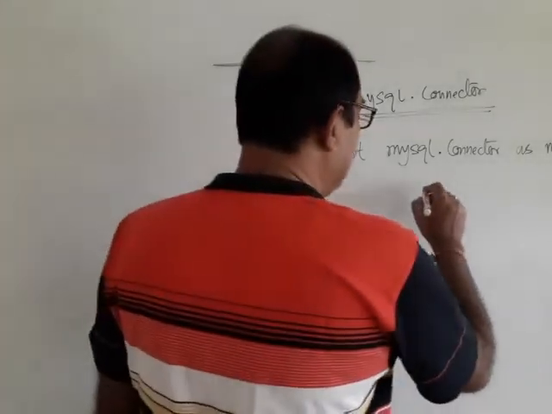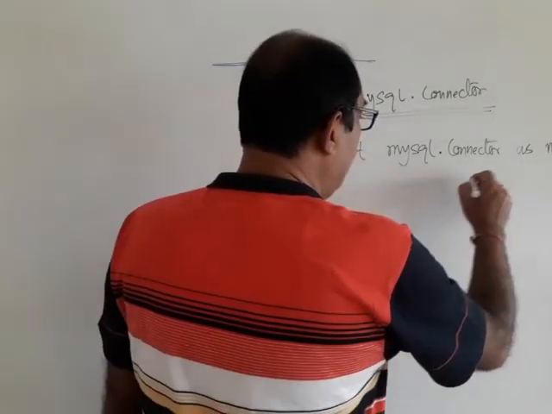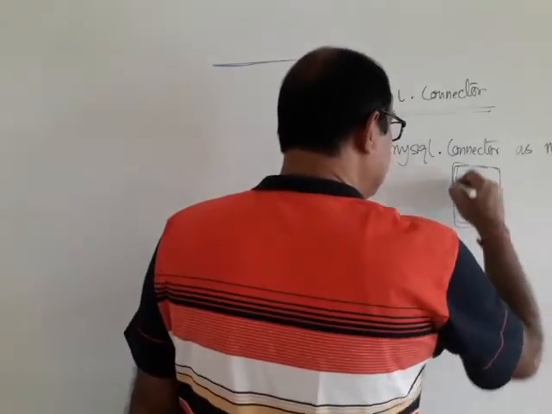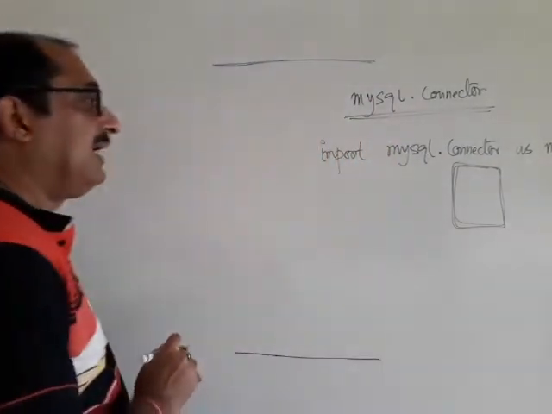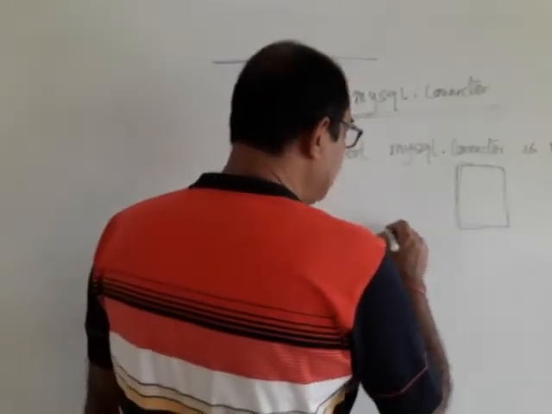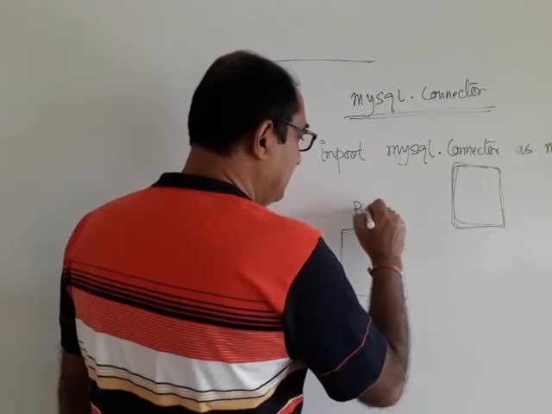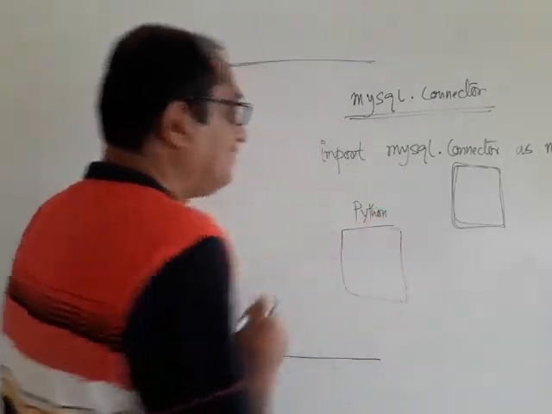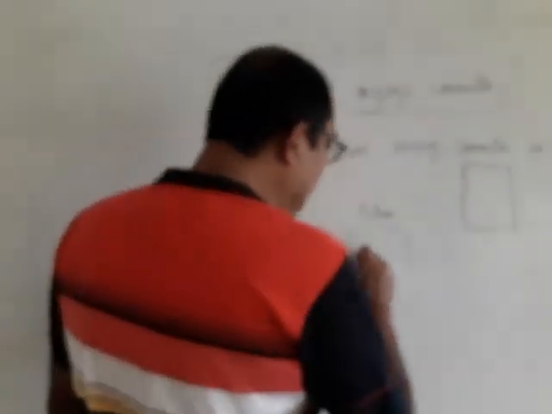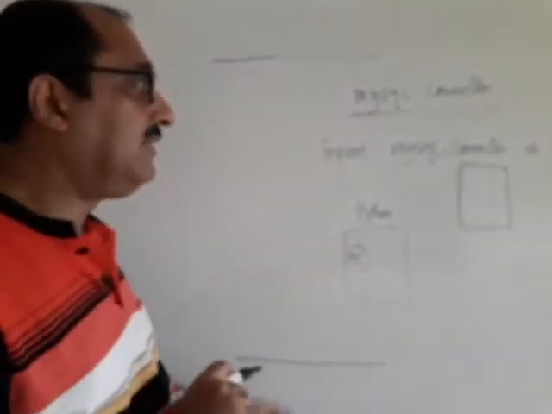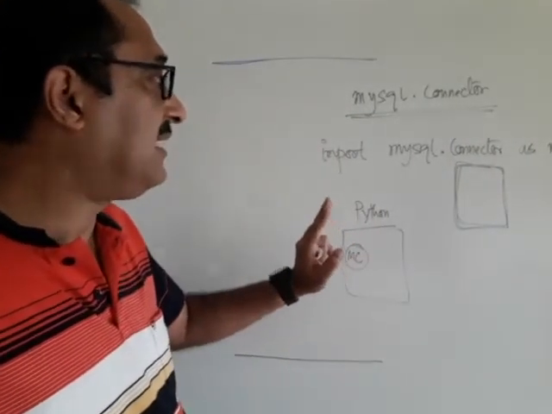So what is happening here? Look at this very carefully. We have MySQL here. This is my database. And I am trying to access this database from my Python program. So in the Python program, MC will basically help you to connect to this.